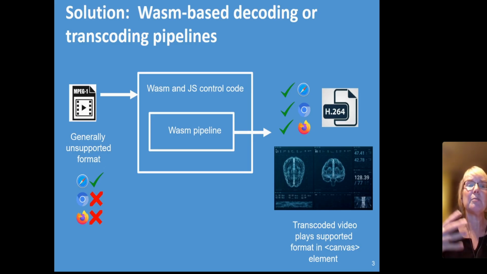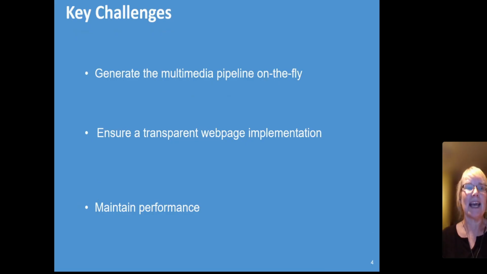So while this may be obvious to all of us, the challenges lie, first of all, in building a WebAssembly pipeline, so a WebAssembly decoder or transcoder. And although it's clear that with the help of everybody in this room, great strides are being made toward making WebAssembly more accessible to developers, it's still going to be a challenge, I think, to folks who really focus on format development or even website development.